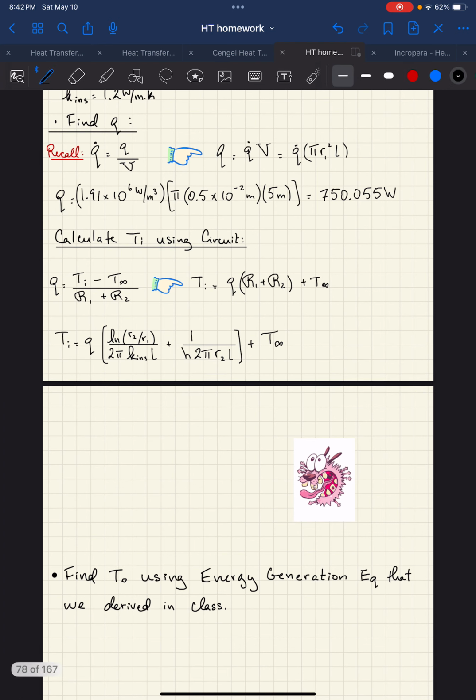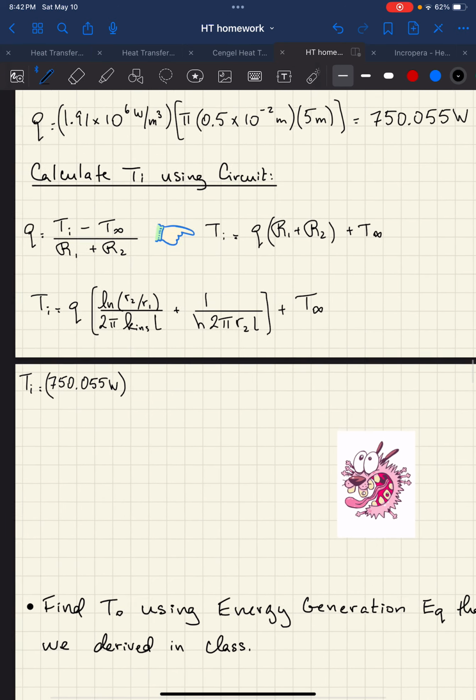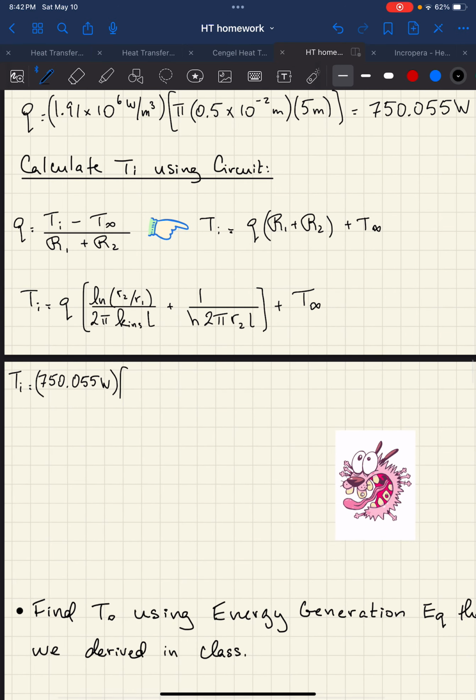So let's go ahead and do that. Okay, now we have room here. So Ti, Q is 750.055 watts. We have here natural log. R2 is the 0.9 centimeters.